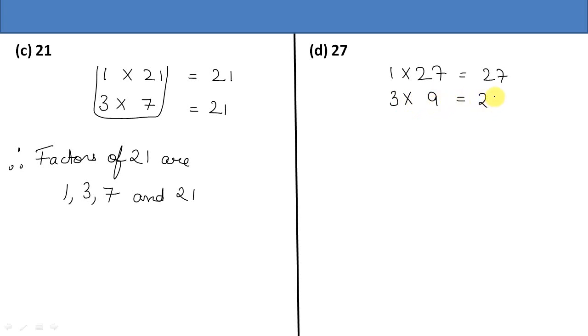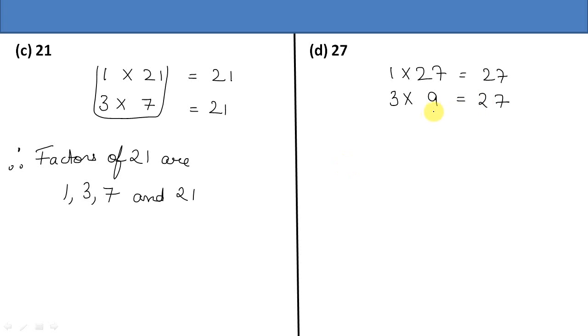Now 27 ना 4 की टेबल में आता है, ना 5 की टेबल में आता है, ना 6, ना 7, ना 8. तो लास्ट आता किस पे? 9. 9 is already we have mentioned here.